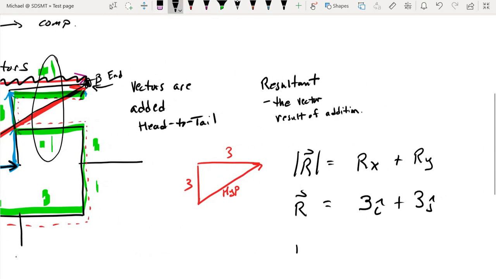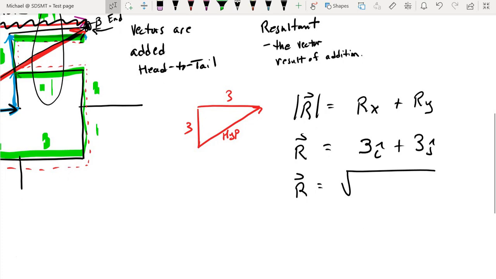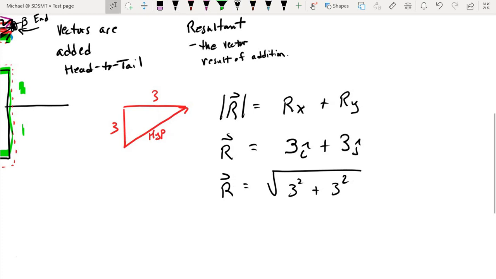But now I want the magnitude. And so by now our brains should be chanting the magnitude mantra. We want the square root of the sum of the squares. Since we've got 2 components that are the same values, I'm going to end up with root 18. And this is now the magnitude.